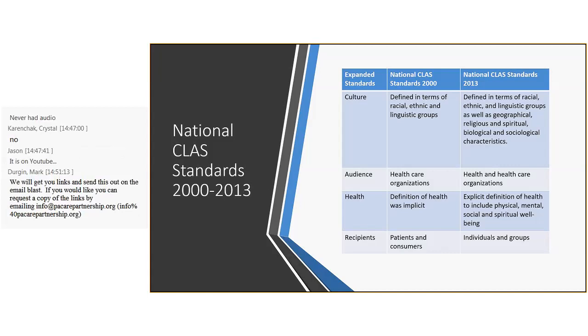But since then, we've evolved in so many ways. Our society has changed in so many ways. And so the CLAS standards were revised in 2013, and you can see that culture now has a much broader definition. It is thought of in terms of race, ethnicity, linguistic groups, but also geography, religion, spirituality, biological and other sociological characteristics.